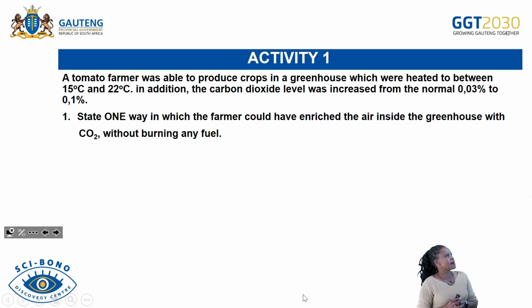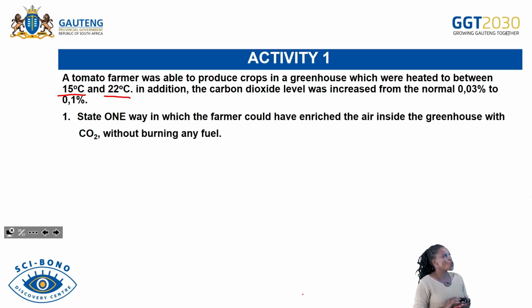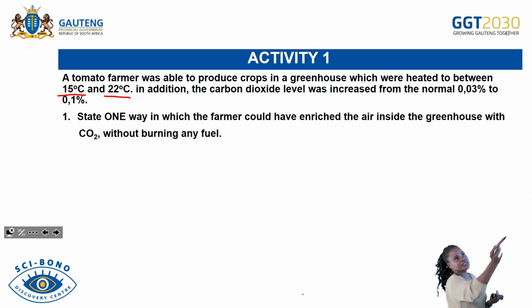Now, let us look into this question. A tomato farmer was able to produce crops in a greenhouse which was heated to between 15 degrees Celsius and 22 degrees Celsius. In addition, the carbon dioxide level was increased from the normal 0.03% to 0.1%.